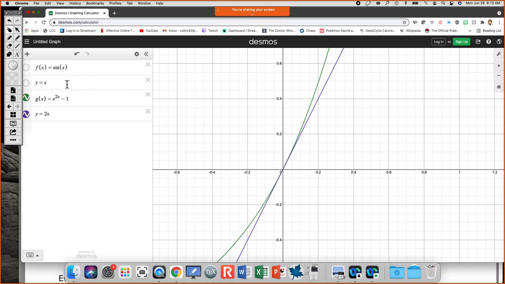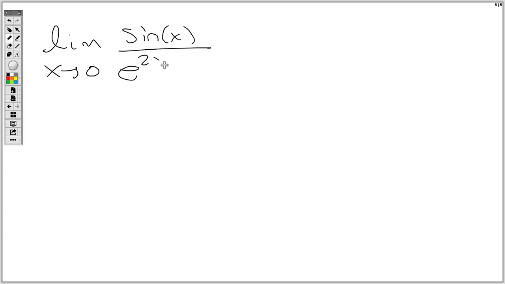Okay, so here's what L'Hopital's rule says. I'm taking the limit as x goes to 0 of sine x over e to the 2x minus 1. And so x is getting close to 0.